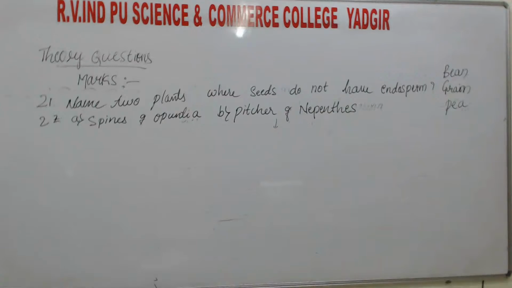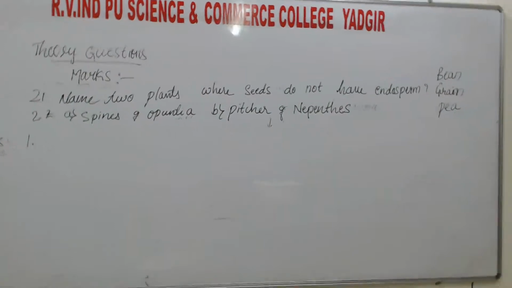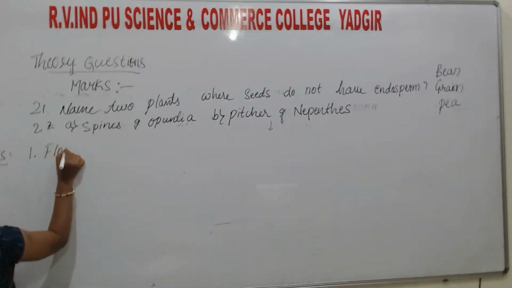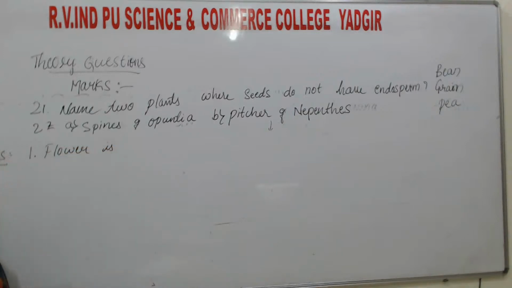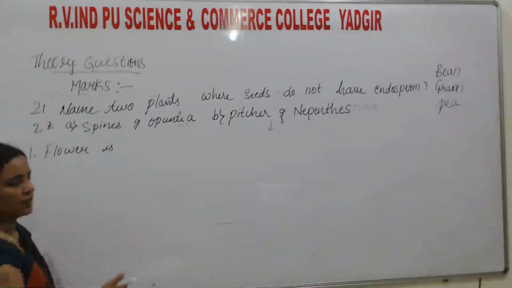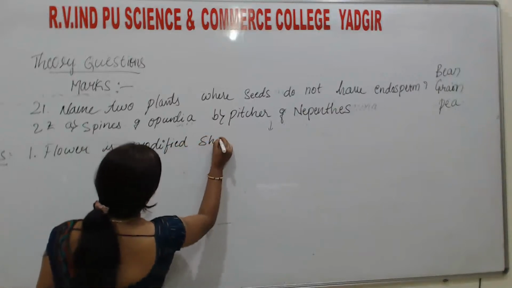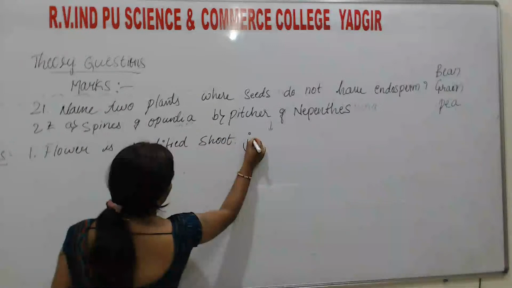Next, let us discuss 2 marks questions. Flower is modified shoot, justify.